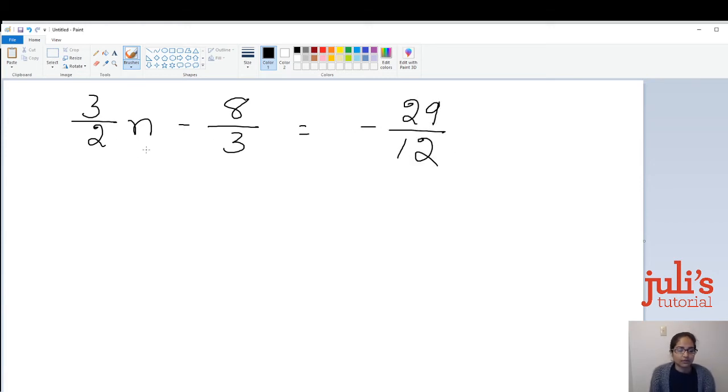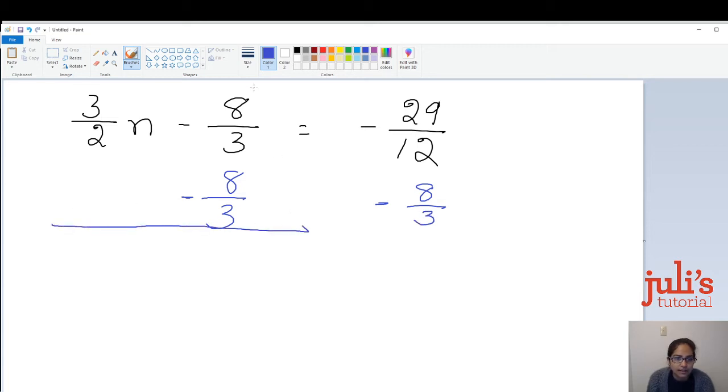Okay. So in this case, first thing first, we're going to get rid of this number, the negative number here. We're going to get rid of that first. Negative 8 over 3 and negative 8 over 3. This cancels out here. This is going to turn both into the same denominator, which is 12. 3 times 4, 8 times 4, 32.